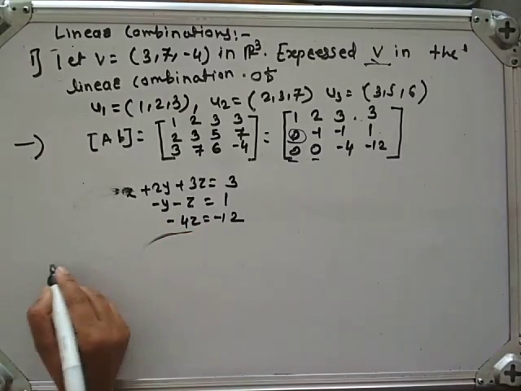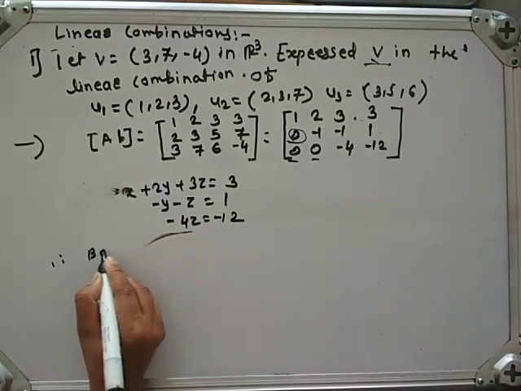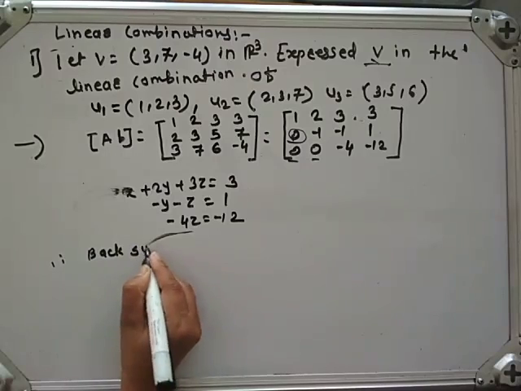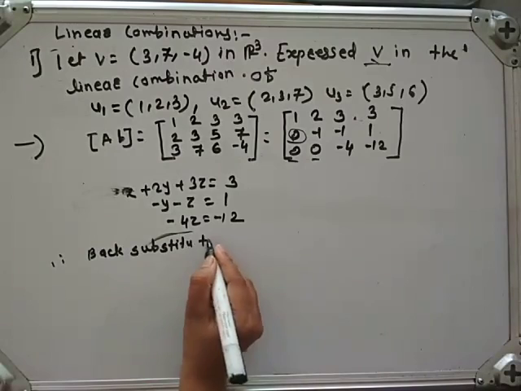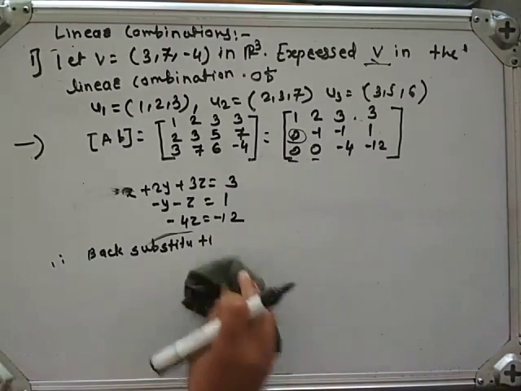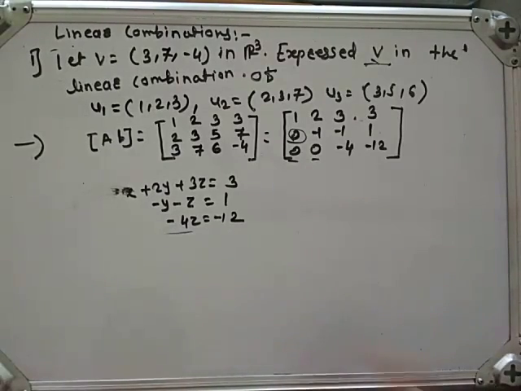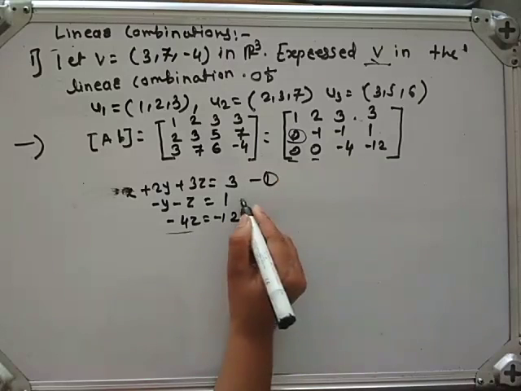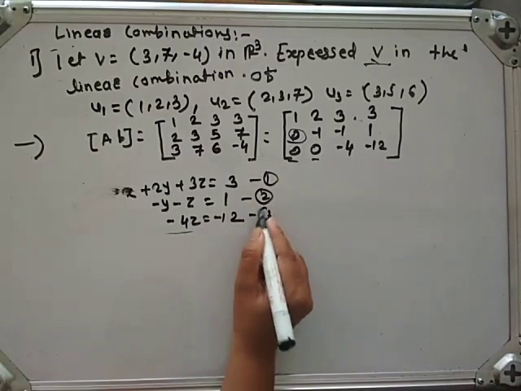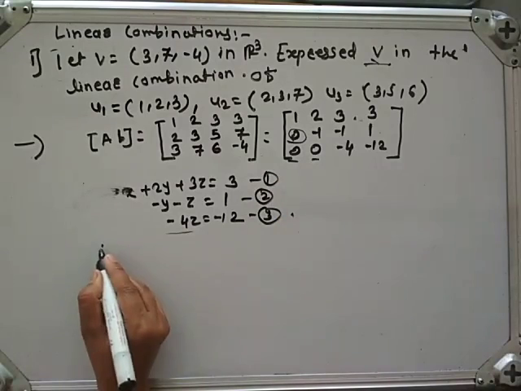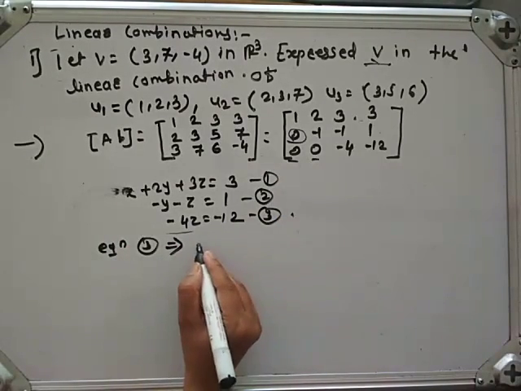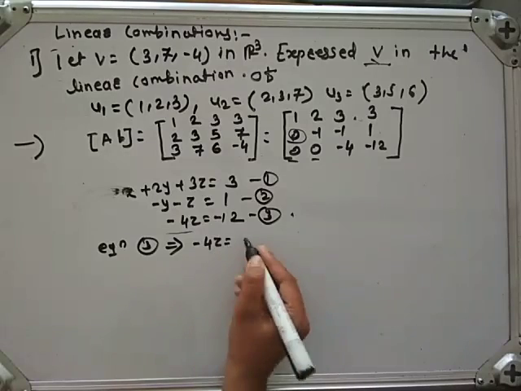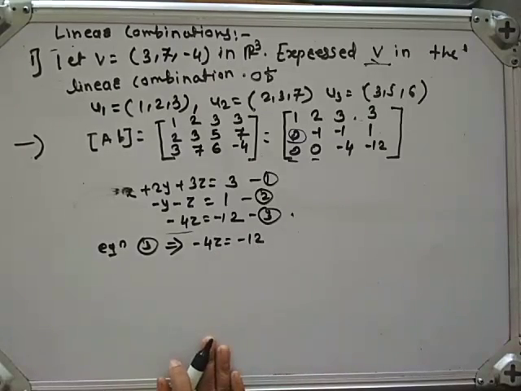Therefore, by back substitution, suppose we call this equation number 1, this is 2 and this is 3. Equation 3 implies minus 4z is equal to minus 12.